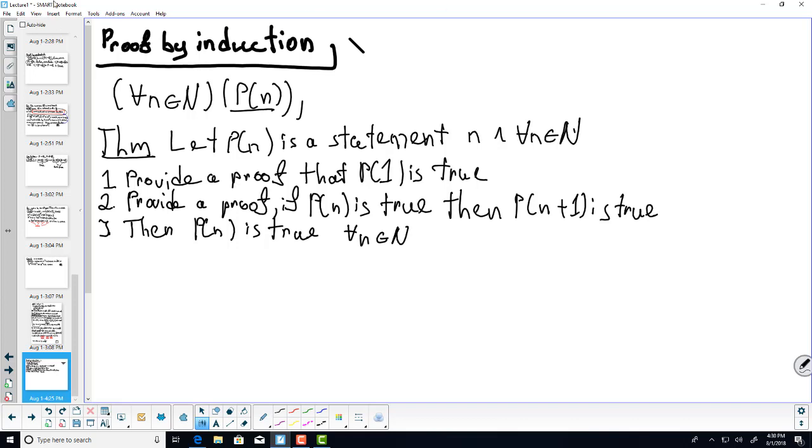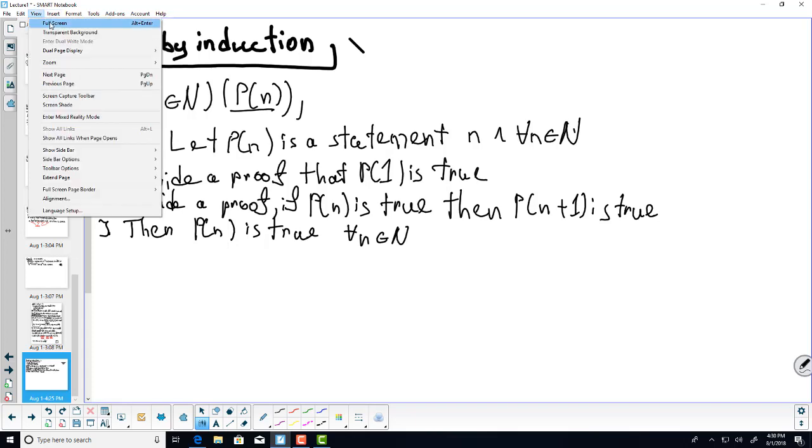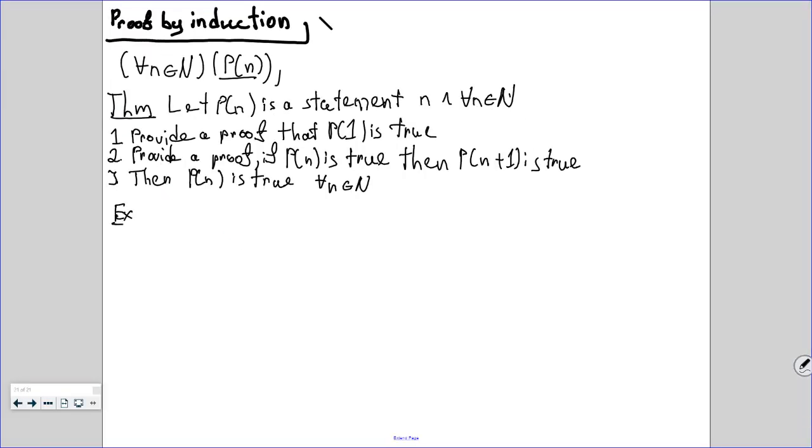So let's do a couple more examples. The first example: suppose n is in N, and what we want to prove is that 1 plus 2 plus ... plus n is equal to n times (n plus 1) over 2. So here is step 1. We follow the basic strategy for proving by induction.